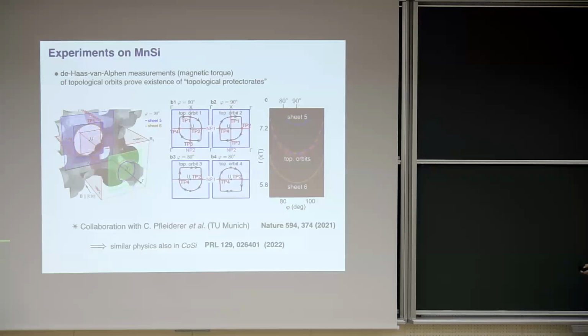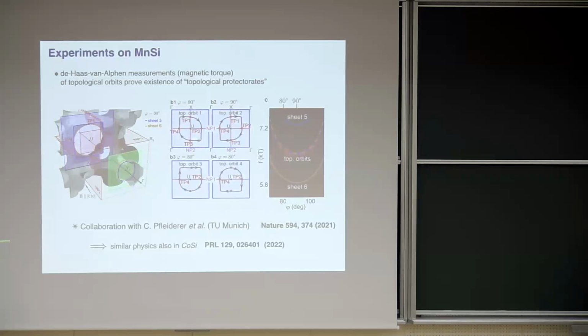And so then here and here we have this topological degeneracy. And so that means you go here from one sheet to the other, so to speak. And that means because of this topological degeneracy, you find only one Haas van Alphen frequency as opposed to two Haas van Alphen frequencies, which you would have expected if there was no such degeneracy.